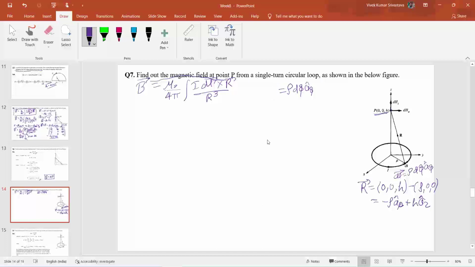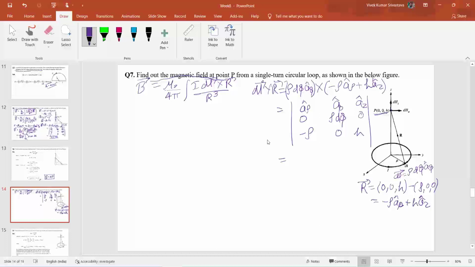Okay, so we can determine this dl cross vector r as this cross minus rho a rho plus h a z. So that we have to determine first. So this will be equal to the determinant with a rho, a phi and a z, and this is 0, rho d phi, and this will be 0, and here minus rho, 0 and h.